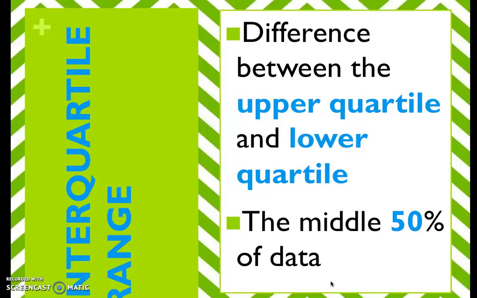Okay, again, that might not make a whole lot of sense right now. I just want you to know that it's the difference. Okay, difference always tells us to subtract. So it's the difference between the upper quartile and the lower quartile. We'll talk more next week about what quartiles are, but just know that the interquartile range represents the middle 50% of the data. Okay.